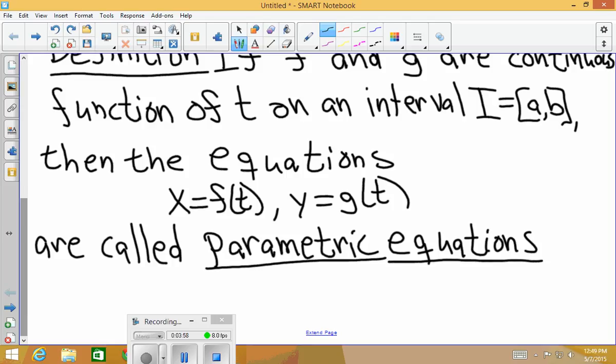And the variable t is called the parameter.